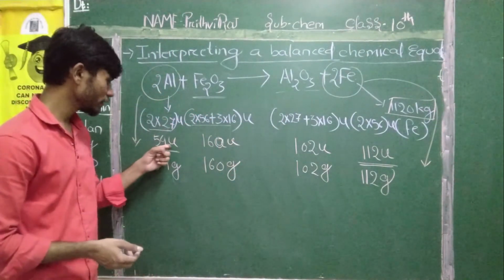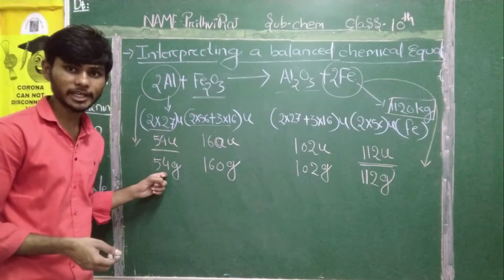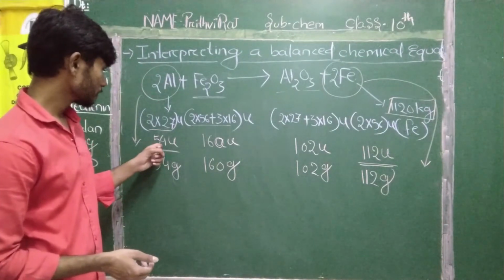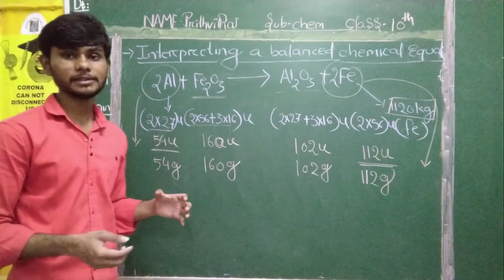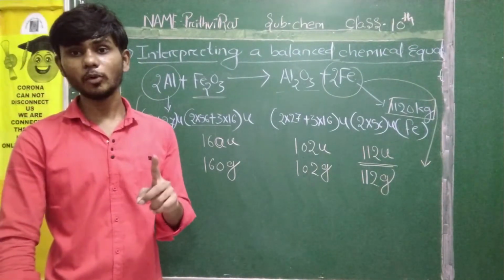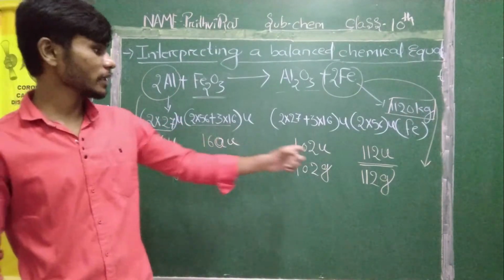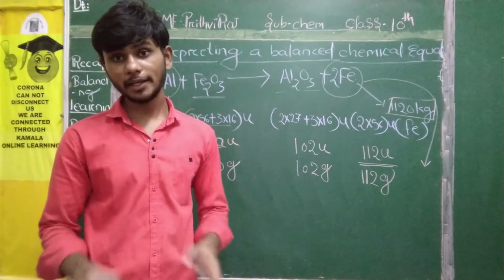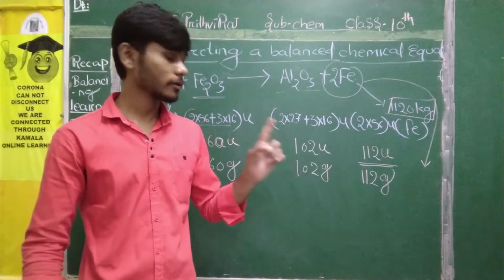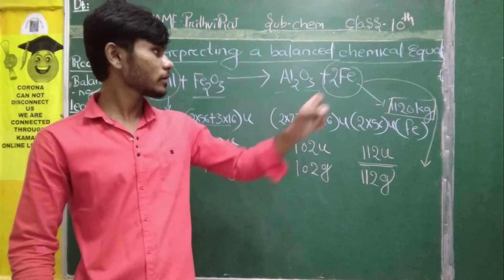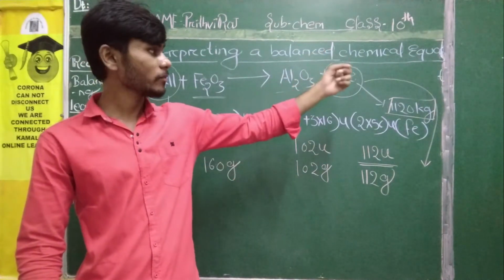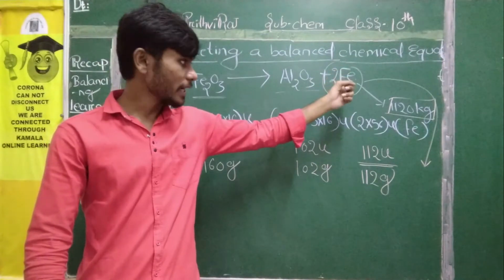So here instead of 54 U, if I write 54 gram, then I am getting 1 mole of aluminum. Instead of 112 U, I write 112 gram, I am getting 1 mole of iron molecule.